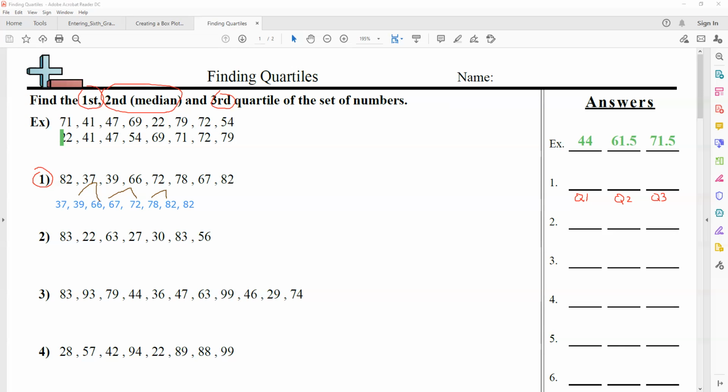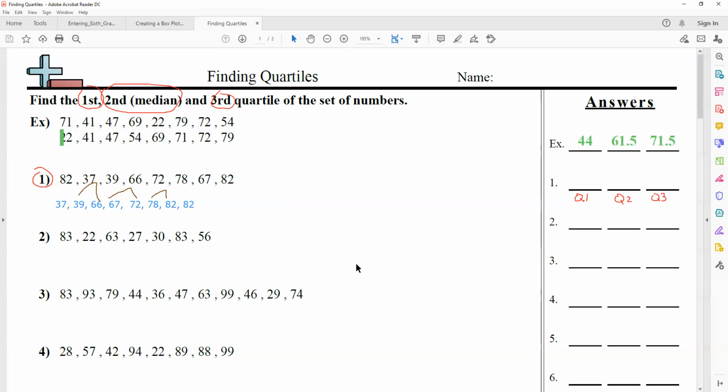Let me see. And then, okay, the 78 and 82 is pretty easy.